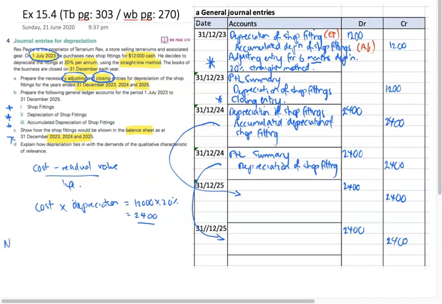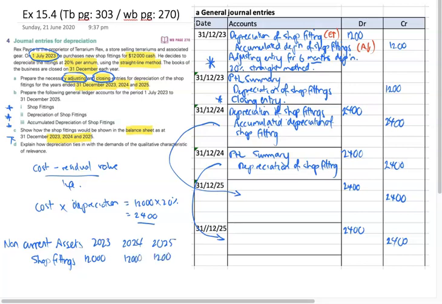We're going to have an extract that has non-current assets, and we're going to recognize that this asset is called shop fittings. And we're going to do this for 2023, 2024, and 2025. For each time, the asset's historical cost is exactly the same, $12,000.